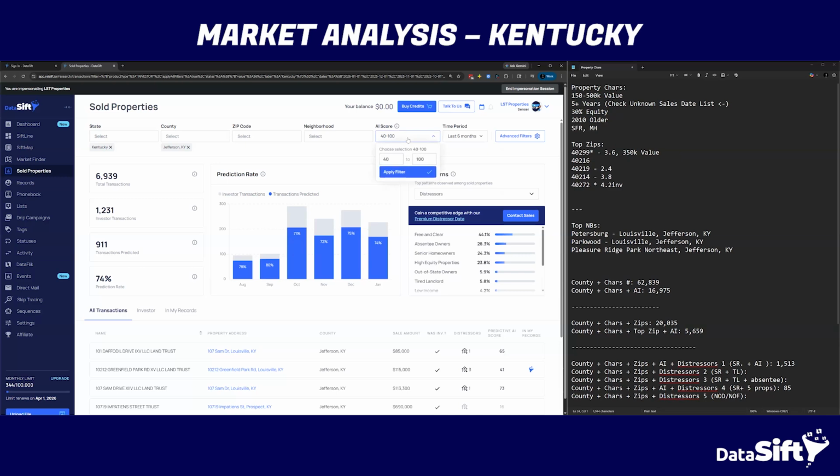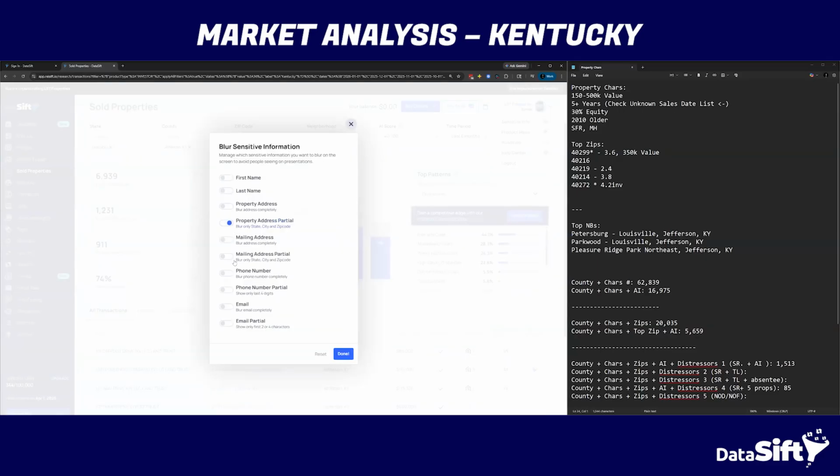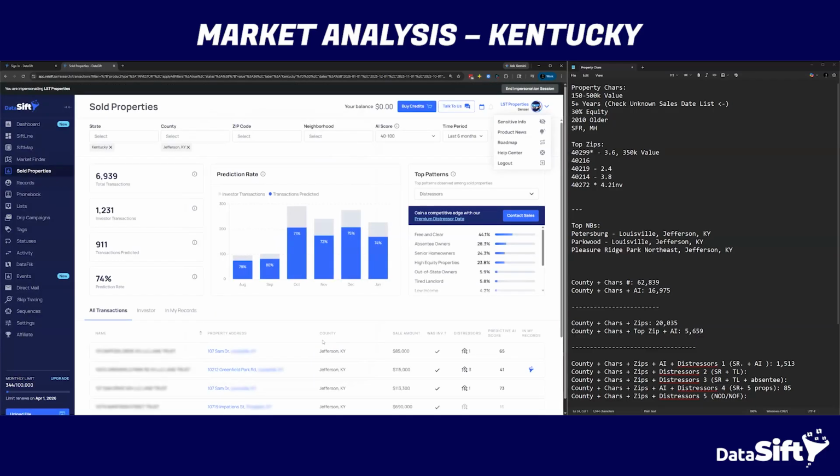It does, because as a non-AI user, I can still use the AI score analysis to tell me how good of a market it is, right? Let me turn on sensitivity mode real fast so we don't get ourselves knocked. And so it's still very useful for me to see this because it tells me about the market.